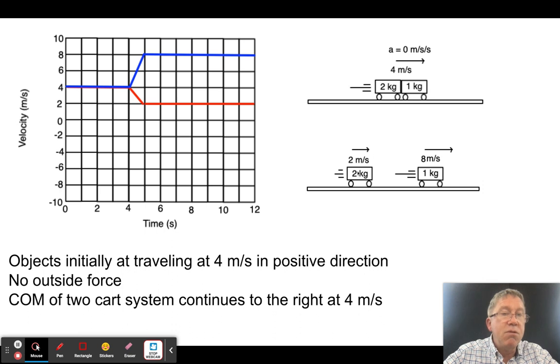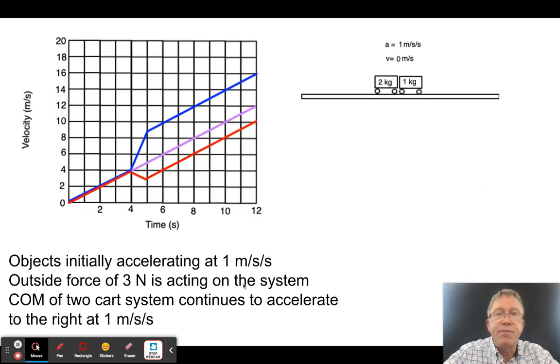And this one is now moving forward at 8, so 8 times 1. What I find is that I still have the center of mass traveling at 4 meters per second this way, and since there was no external force, there's no change in the momentum of the system. It remains 4 meters per second times 3 kilograms.